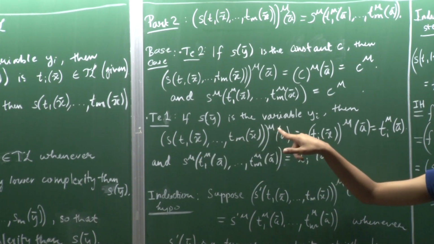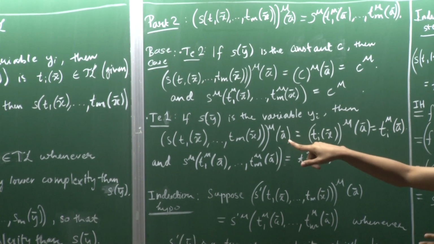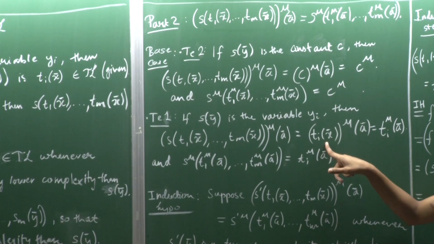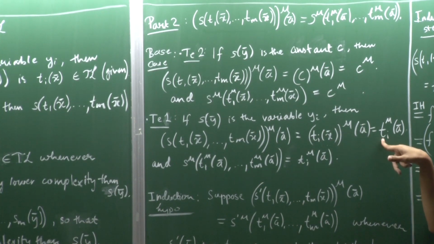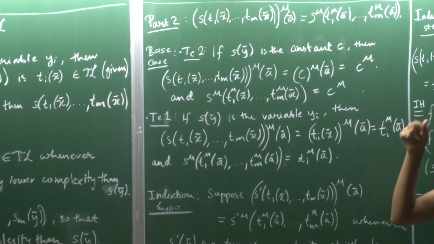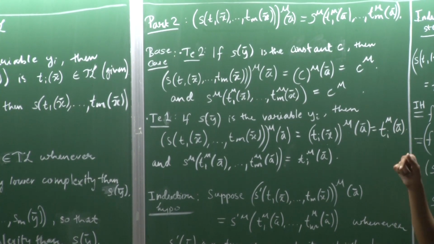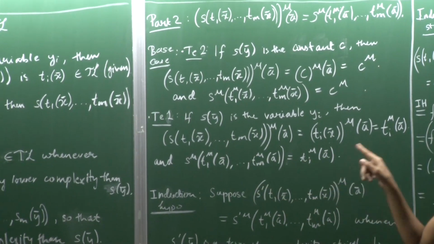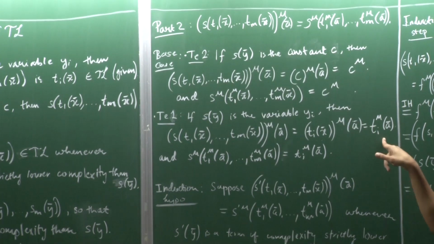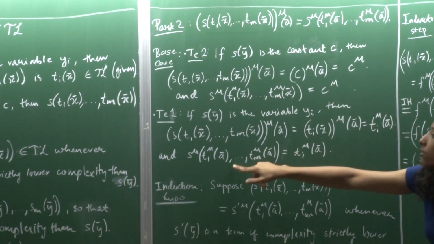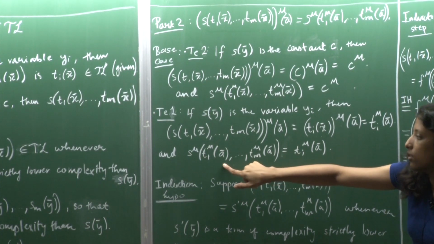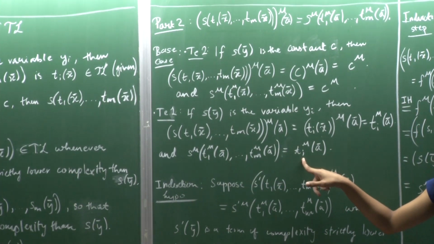If you take this in M and apply it at A bar, you will just get the ith term that comes out, and this is TiM of A bar by definition of applying it in a structure. And if you go the other way, this is just yi, so you get the ith term out, which is just TiM of A bar.